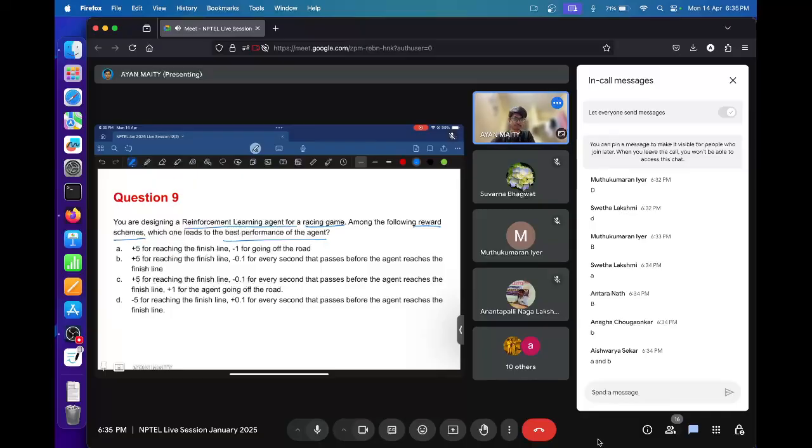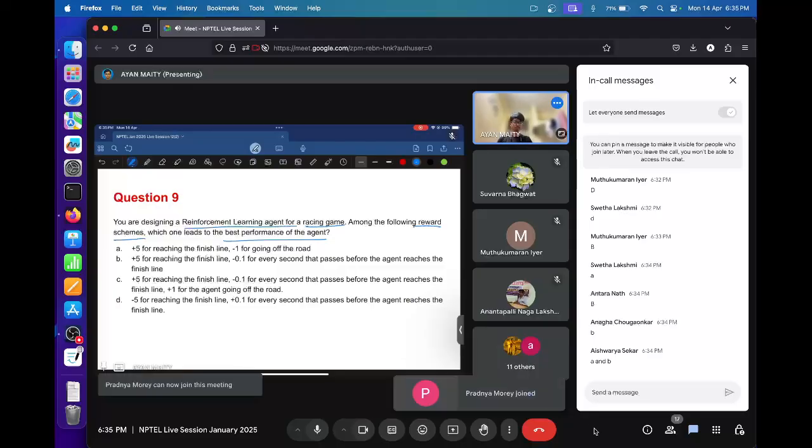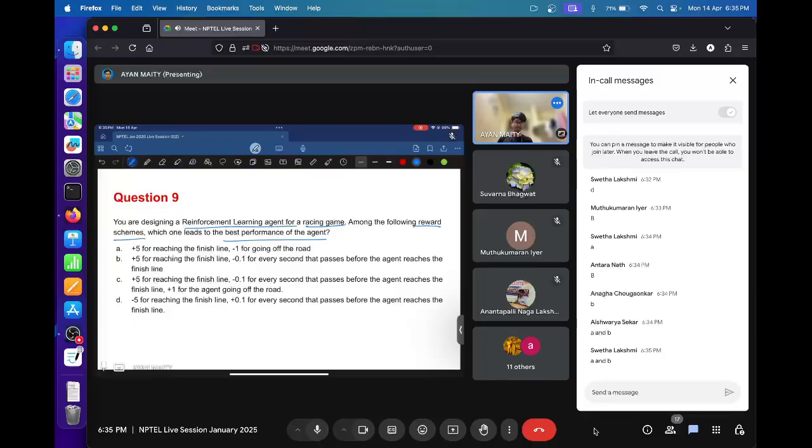Any other answers? Another says A and B. Anyone else?